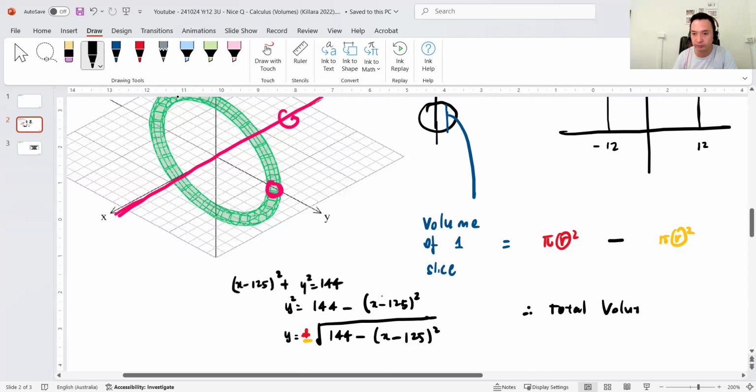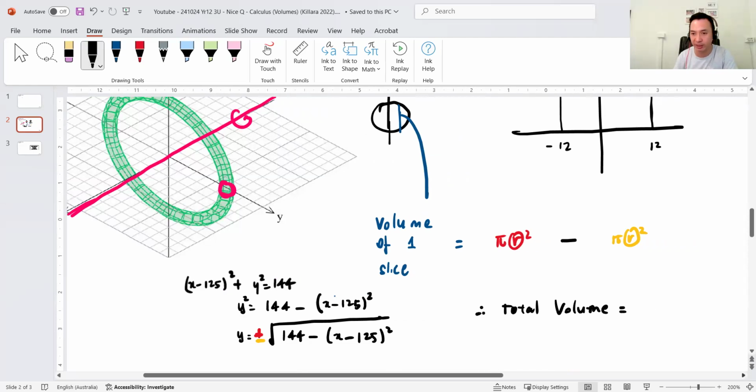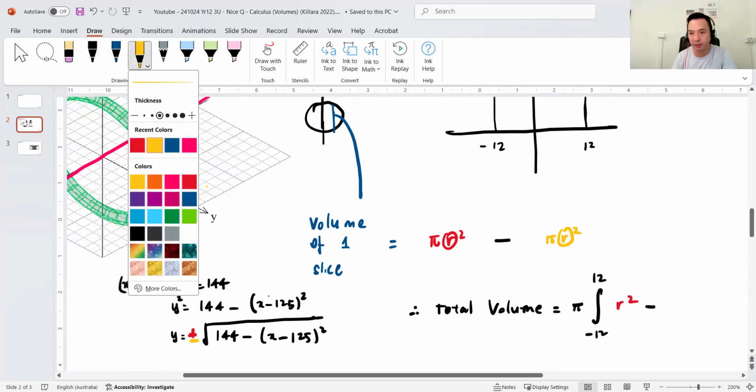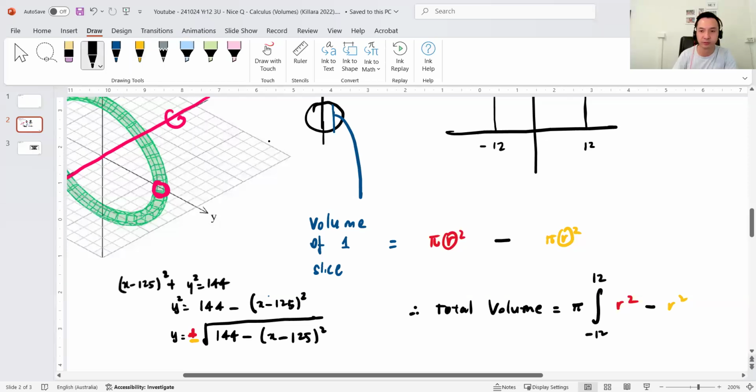So what this means, guys, if this is the volume of one slice, therefore total volume equals, now I'll factorize the pi out, and I'm going to go from the limit of -12 to 12 first, and then r squared on red minus r squared on yellow dx. Let me just check that.